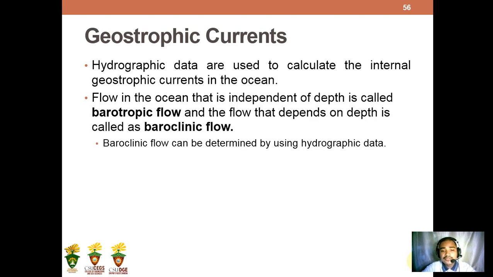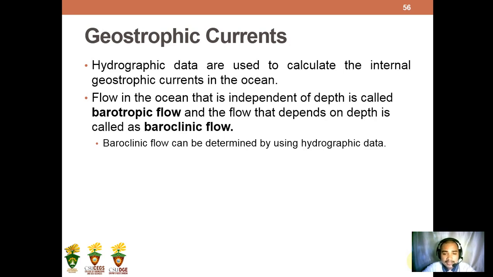The flow in the ocean that is independent of depth is what we call barotropic flow. It does not depend on the depth of the water. So that's what we call barotropic flow.